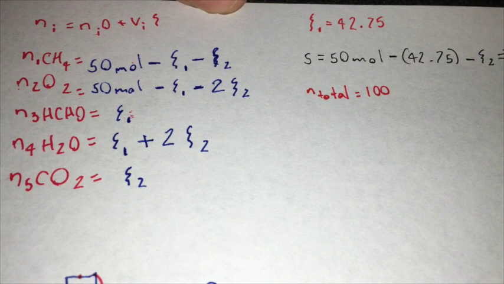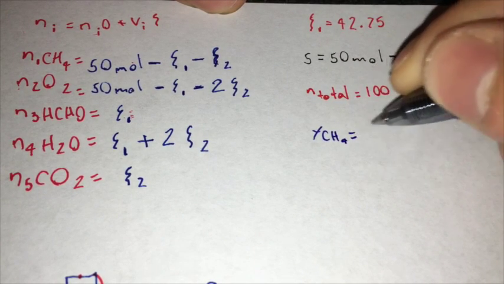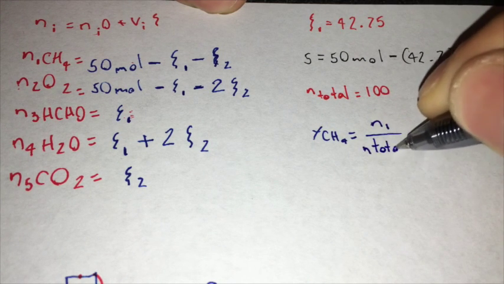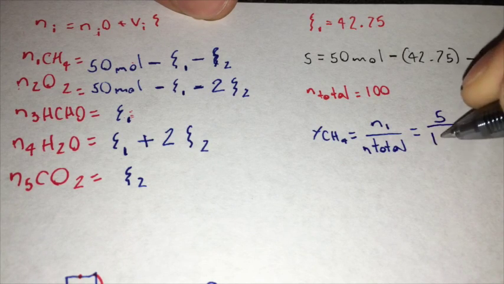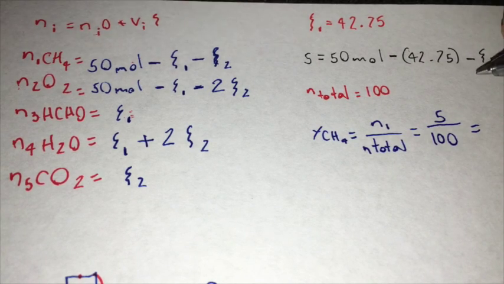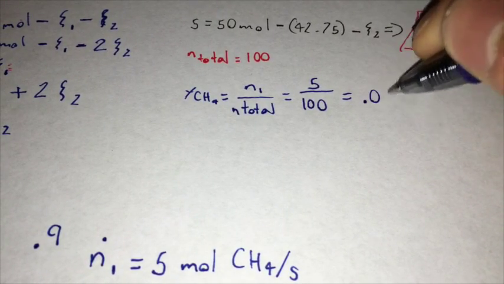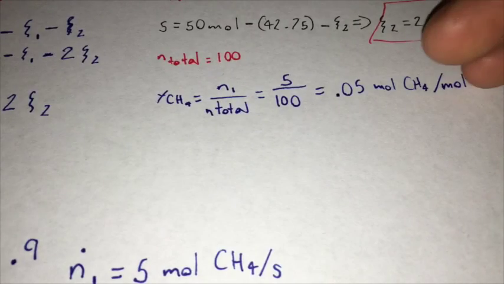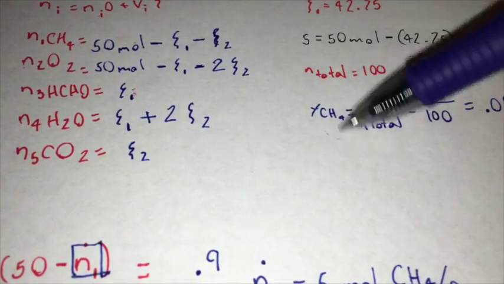So let's calculate our composition for CH4, which is N1 over N total. N1 is 5, over a total of 100. So our composition would be 0.05 moles of CH4 per mole. And you repeat that for every single one of the species. Just divide your N by the total.